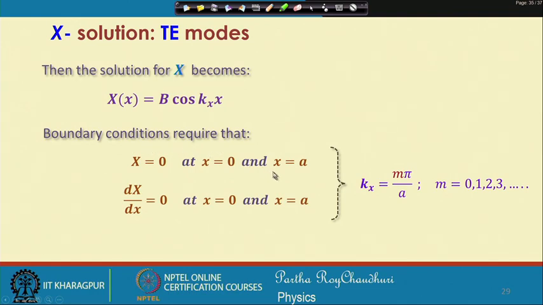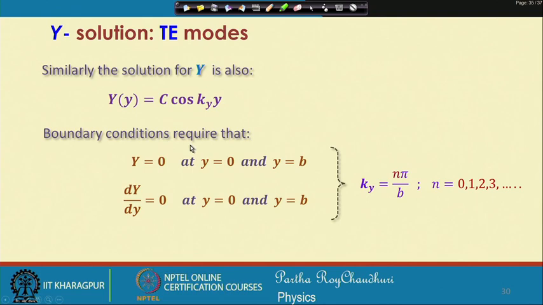Using the second boundary condition, we can again write that k x must be equal to m pi by a. Exactly in the same way we did it for the parallel plate metals, but in this case you have 2 such cases and they appear in the form of a product. Similarly, the solution for y is also in this form.